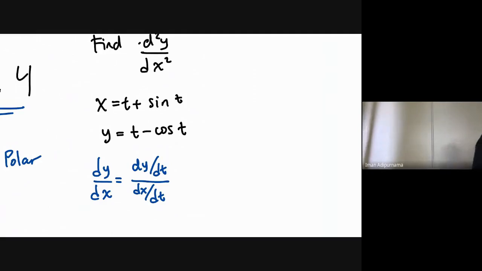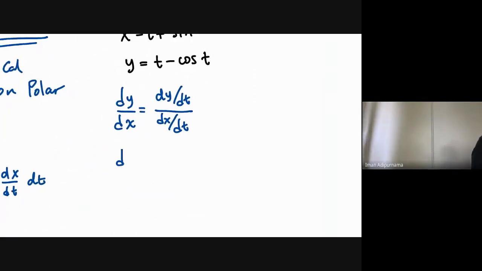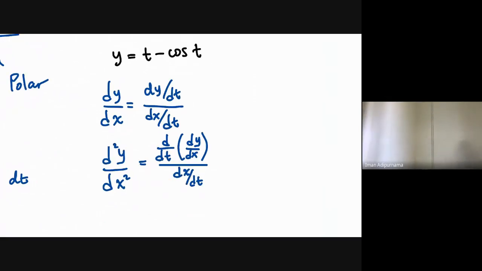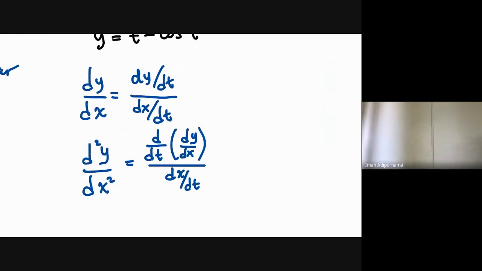To remember what the second derivative means, let me write here. This is actually from this. It's not just that the first derivative derives y with t and x with t, so for the second derivative you derive again one more time here and one more time here.